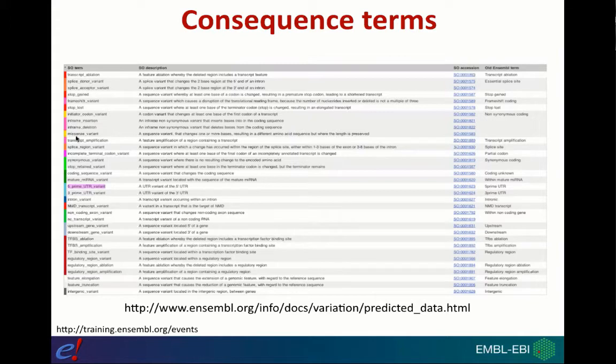As an example, you can see the color coordinated in yellow here. We have the definition for missense variant. A missense variant is a sequence variant that changes one or more bases, resulting in a different amino acid sequence, but where the length is preserved. So this is the definition of a non-synonymous missense variant. And that's what we can see here.